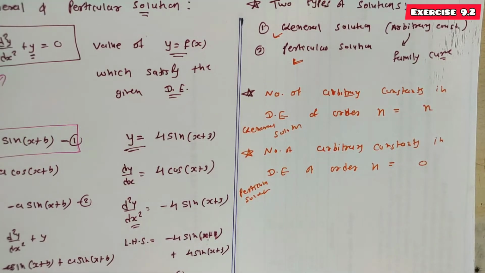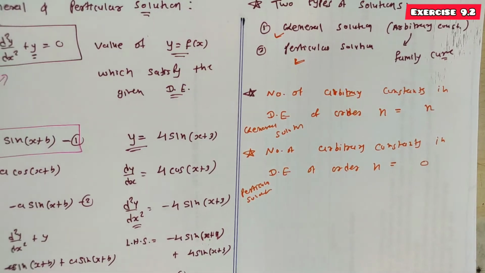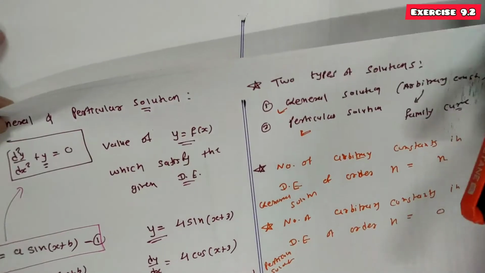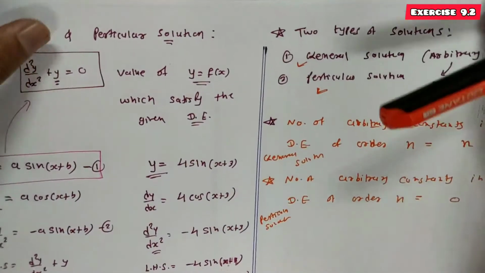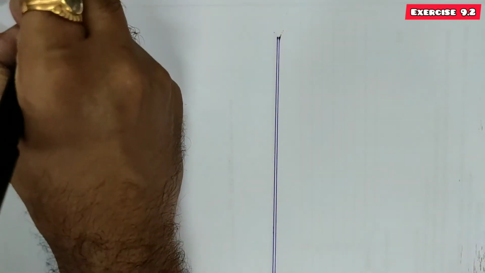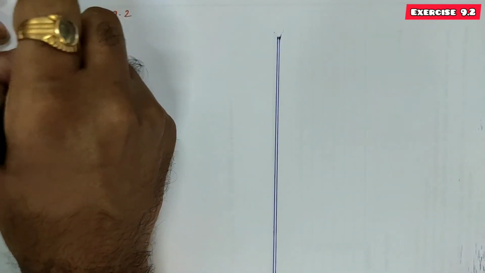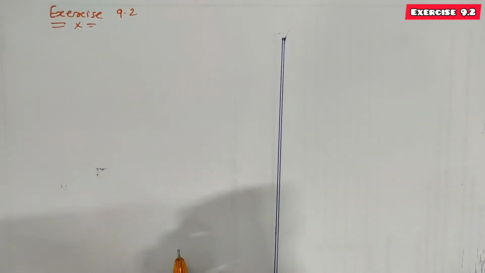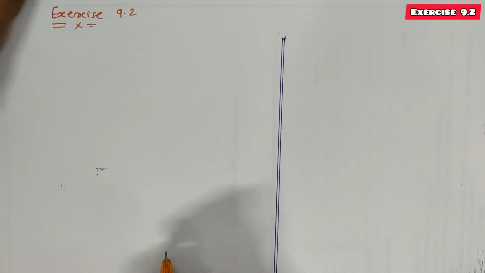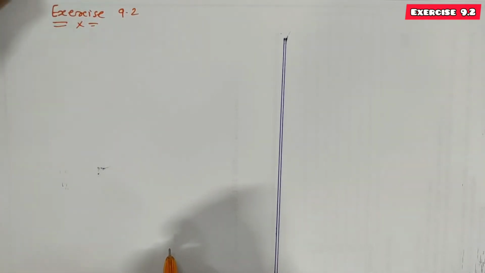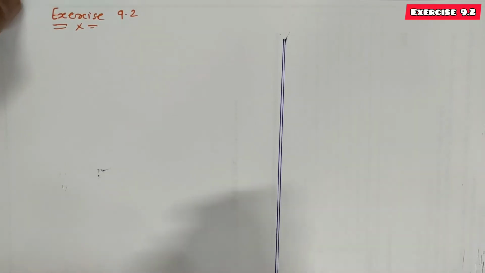So let's start with exercise 9.2. For this exercise, we have to verify that the given function, which may be an explicit function or an implicit function, is a solution of the corresponding differential equation or not.